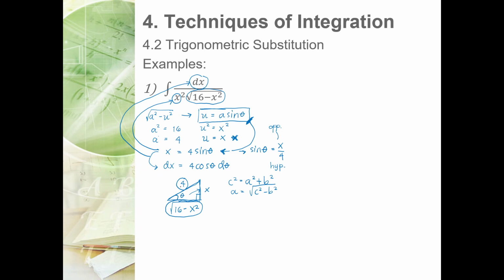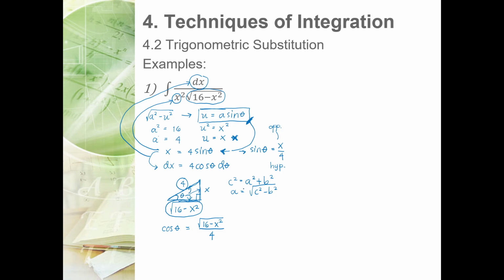Then we identify which trigonometric function we're going to use to pair them up. Observing the angle theta, we're going to use the cosine function. Cosine theta is equal to adjacent over hypotenuse, so this will be the square root of 16 minus x squared all over 4.